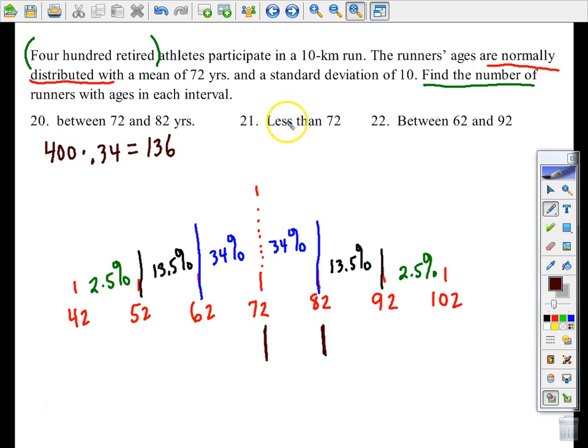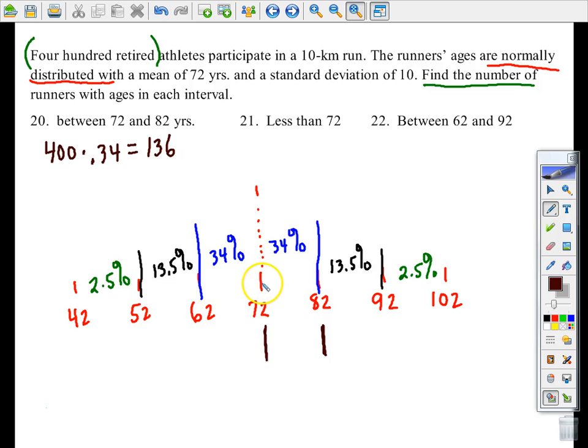All right, looking at the next range, I want to know how many of these runners would have ages less than 72. All right, so looking at my percentages and just counting up all the percentages that would fall in the range less than 72, that's 34%, 13.5%, and 2.5%.